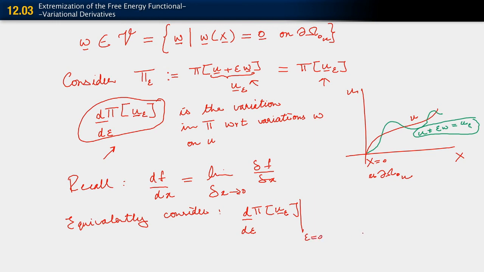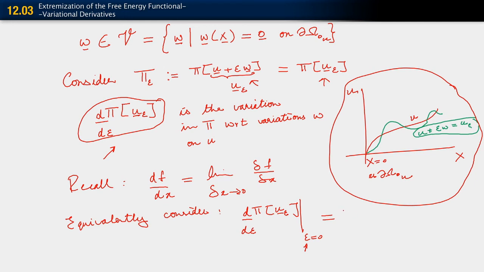Now we are doing what I've been outlining in this plot. We're looking at how pi varies as we vary the displacement field, but we want those variations in the displacement field to go to 0. That is what we're doing by taking this derivative with respect to epsilon and setting epsilon equals 0. This is our notion of the variational derivative of pi with respect to u.